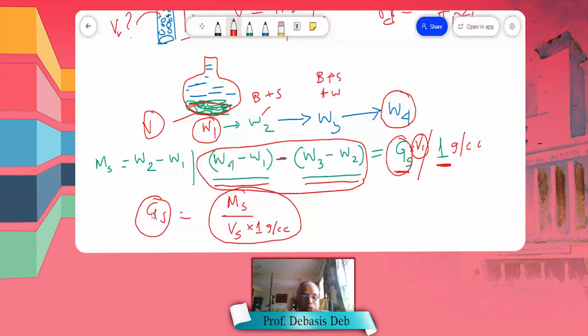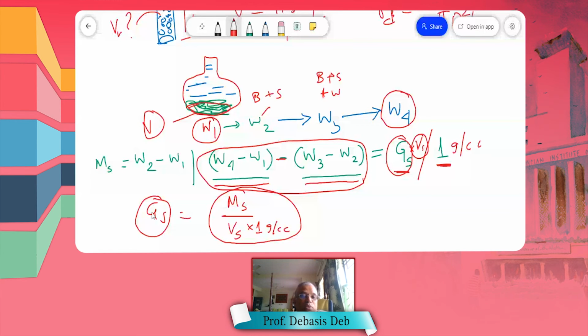Okay. So what is the process now? I repeat again. You first take the sample, you crush it, and then we have a pycnometer bottle which is 50 ml like this. We take the empty weight W1, we fill with that powder of that solid, and that gives me W2. Then again I fill it with water, that gives me W3. Then I throw out everything and I clean it. I fill with water and I take the weight again, that's W4.